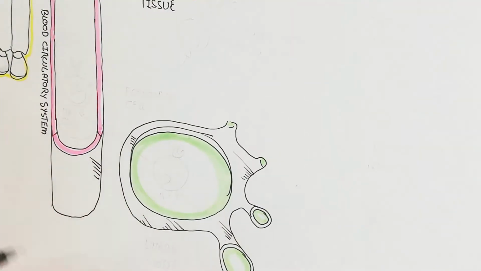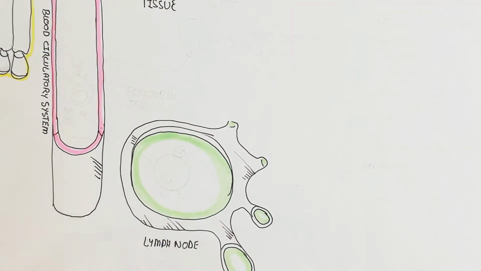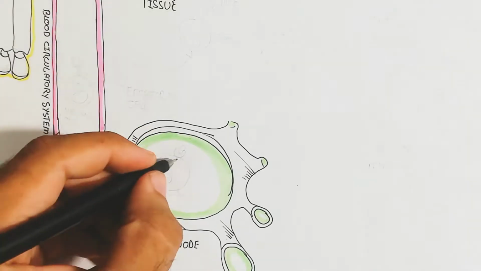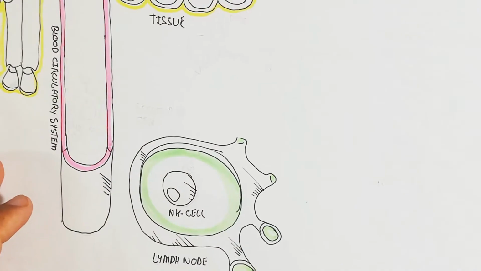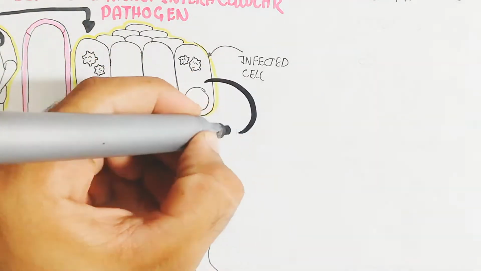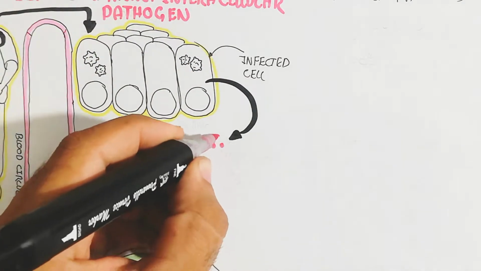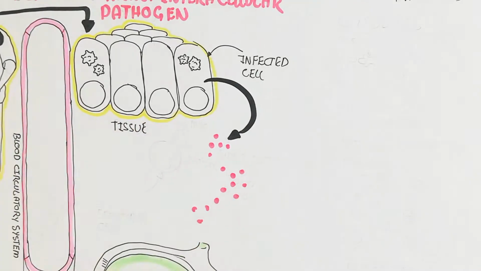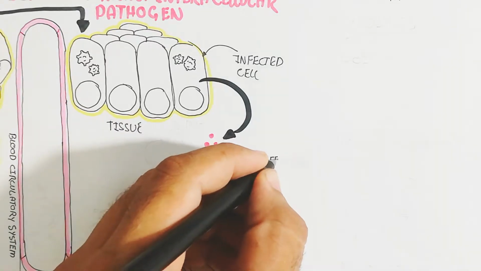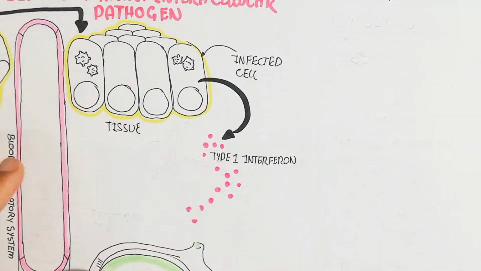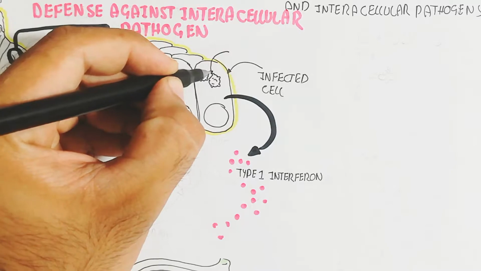After infection, it produces type 1 interferon, which is a cytokine, and chemokines, which recruit the natural killer cell from the lymph node or other tissue regions. So wherever the natural killer cells are present, the infected cell recruits them through type 1 interferon.